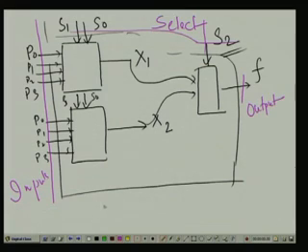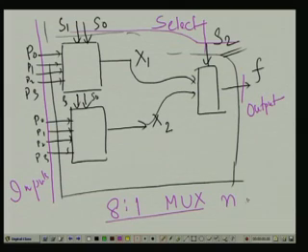So this is an 8 to 1 mux, where 3 select lines are needed. Normally in general, if it is n bit select lines, then input should be 2 to the power n. That means 2 to the power n to 1 mux. For 2 to the power n to 1 mux, n select lines will be needed.